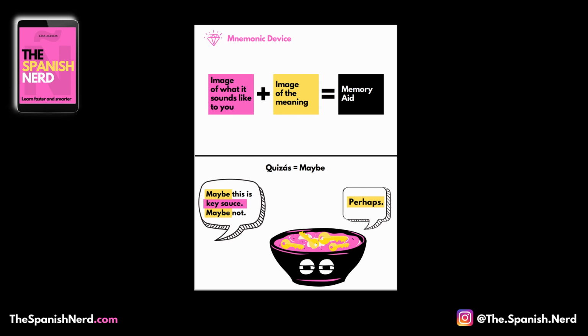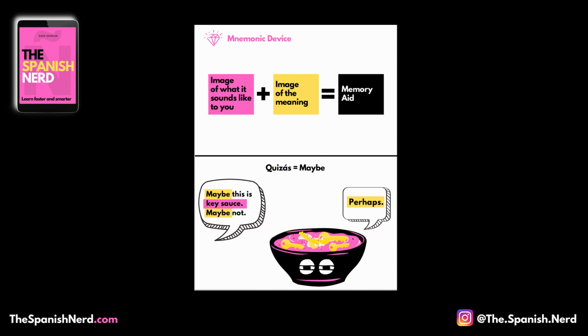And then we create an image of the meaning. So I've created this silly little scenario, this little conversation here. Someone says, maybe this is key sauce, maybe not. And then the key sauce, the bowl of sauce with keys in it, says himself, perhaps. Maybe this is key sauce, maybe not.